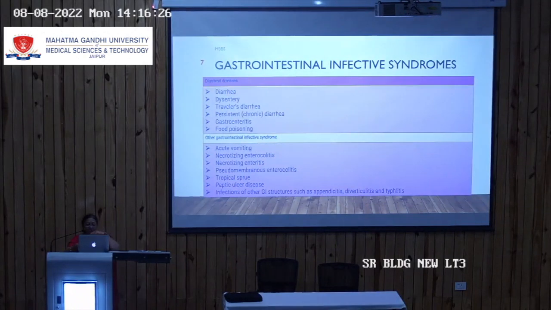Then GI syndromes are generally classified as diarrhea, dysentery, traveler's diarrhea. Diarrhea can also be persistent or chronic diarrhea. It can be gastroenteritis, food poisoning, acute vomiting, necrotizing enterocolitis, necrotizing enteritis, pseudomembranous enterocolitis, tropical sprue. I'll explain all these later. Peptic ulcer disease, etc.